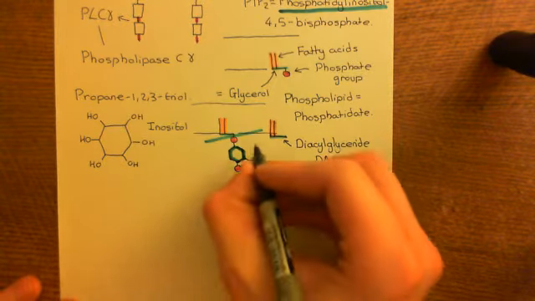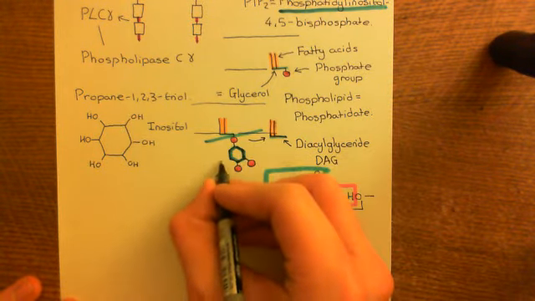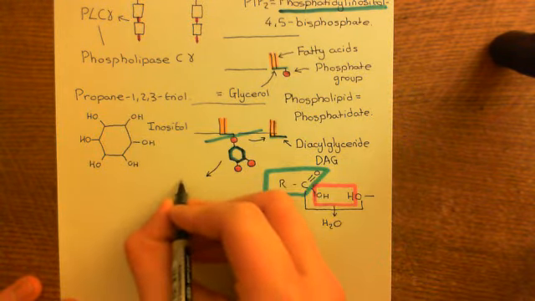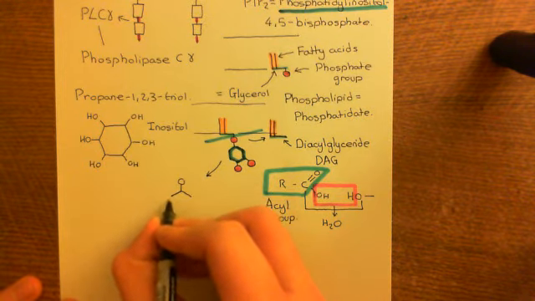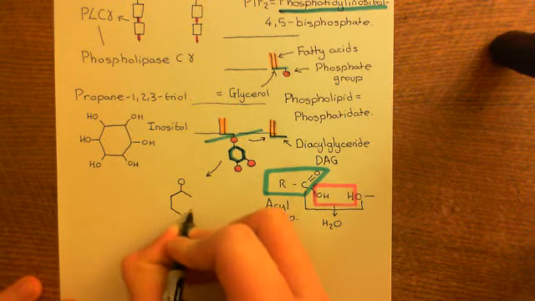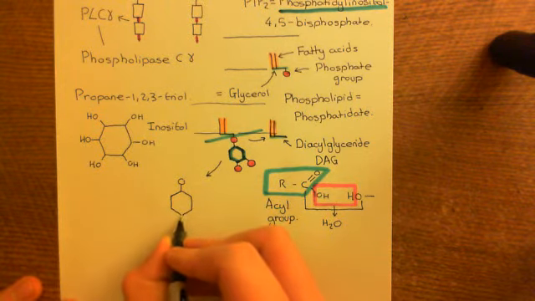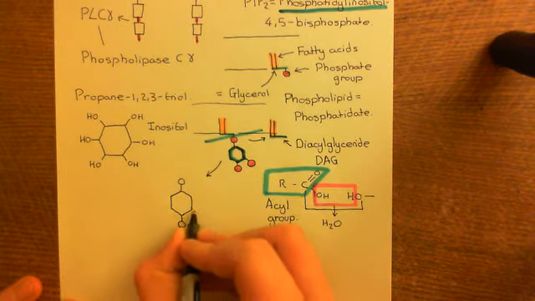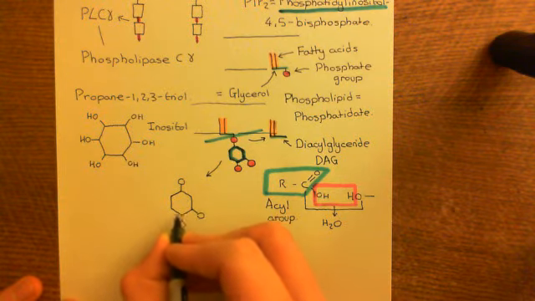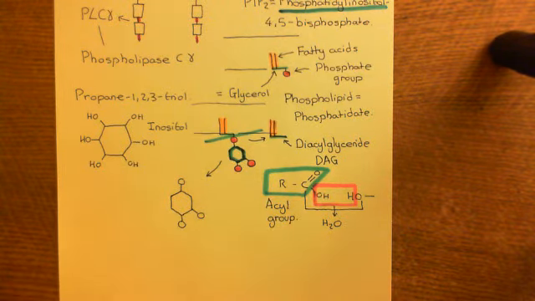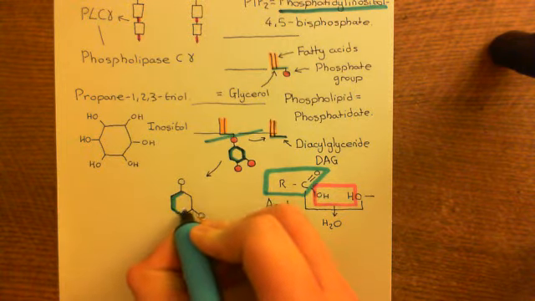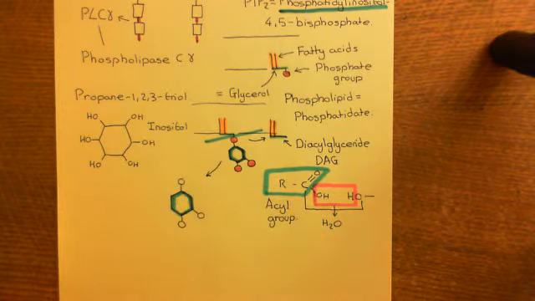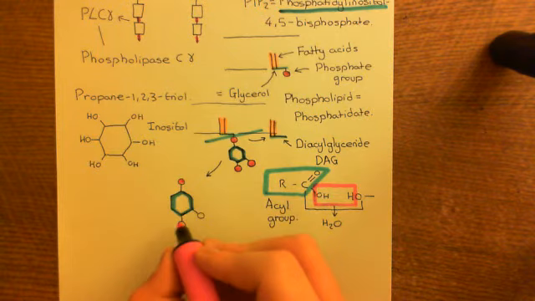Okay, and the other important molecule that you get is this molecule of inositol with these 3 phosphate groups attached to it here. Okay, so here's the hexagon of inositol again, and it's got phosphate groups coming off it, off the 1st, the 4th, and the 5th carbons here. Okay, so we'll colour in the inositol ring again in blue, and then we'll colour in these phosphate groups in purple again.